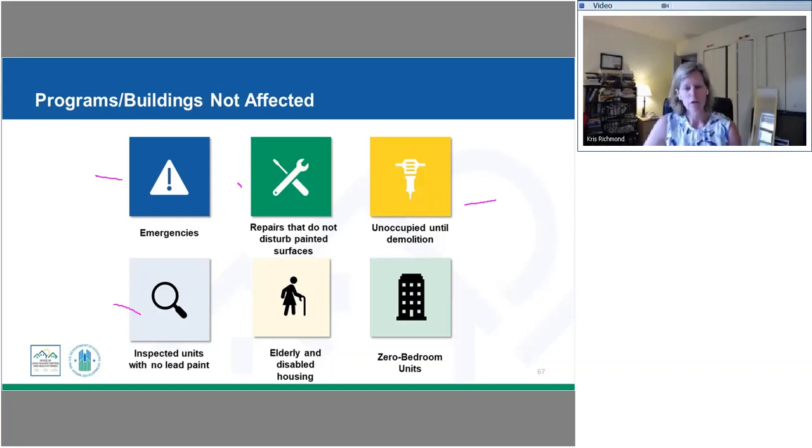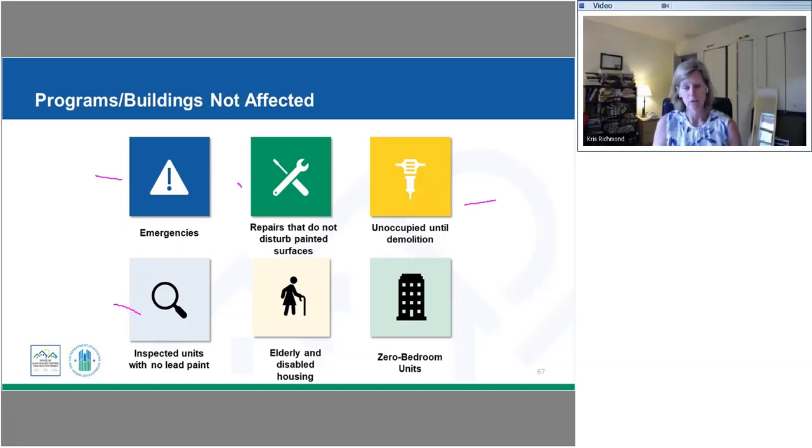If you have housing that's exclusively for the elderly, and in the Lead Safe Housing Rule, elderly is considered 62 and over. So this is housing exclusively for the elderly, not that the project you're working on has an elderly family living in it, but that the whole property, the whole housing complex, is considered exclusively for the elderly or disabled.